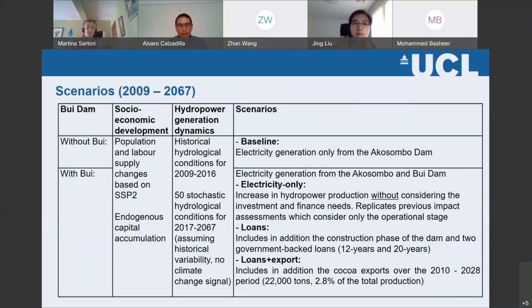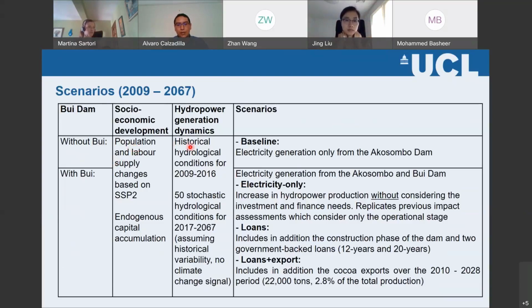We have 2 groups of scenarios. One is without the Buoy Dam, and the other one is with the Buoy Dam. Both groups of scenarios include population and labor supply changes based on the SSP2 and also an endogenous capital accumulation.